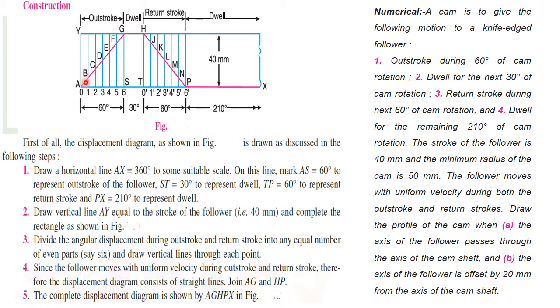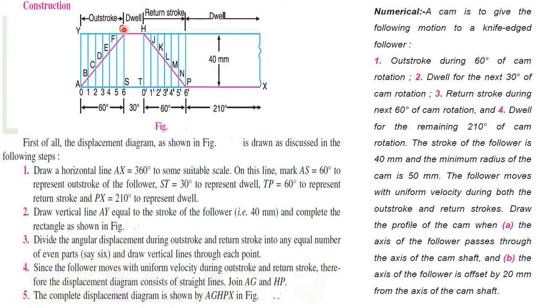That horizontal line cuts at B, C, D, E, F, G also. After that H, K, L, M, N, that is the cutting point of horizontal line and vertical line. Join these points and get a straight line.